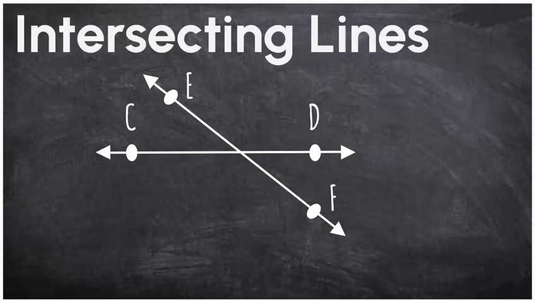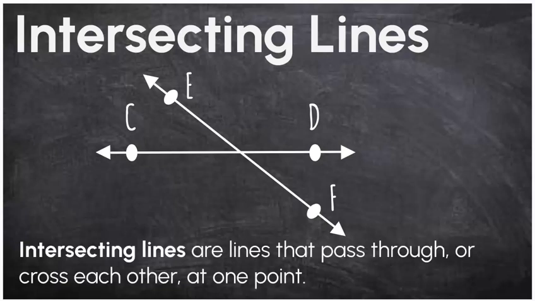Intersecting lines. What properties do intersecting lines have? Intersecting lines are lines that pass through or cross each other at one point. There's the point they cross.